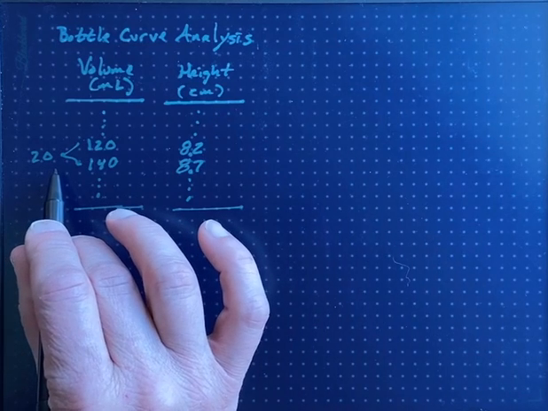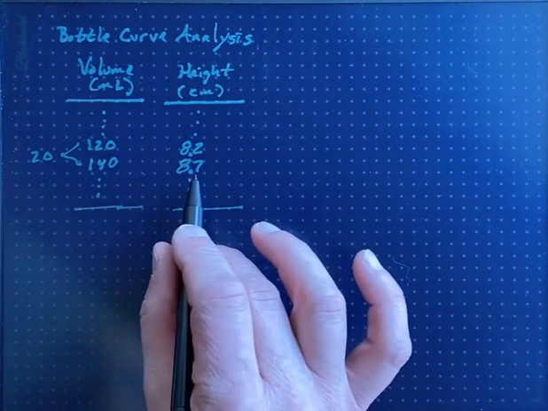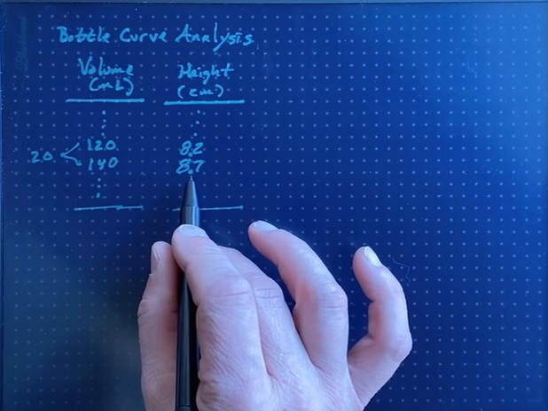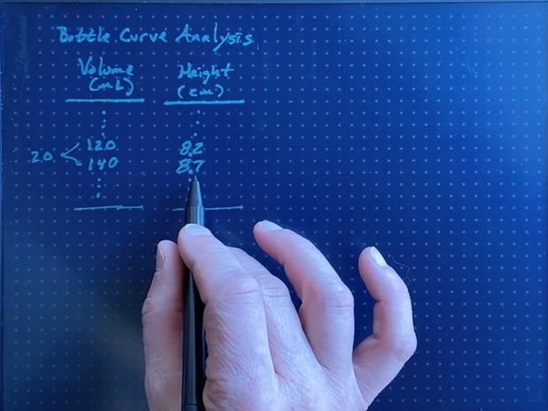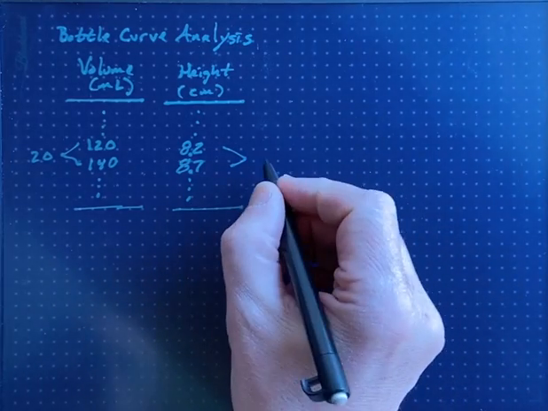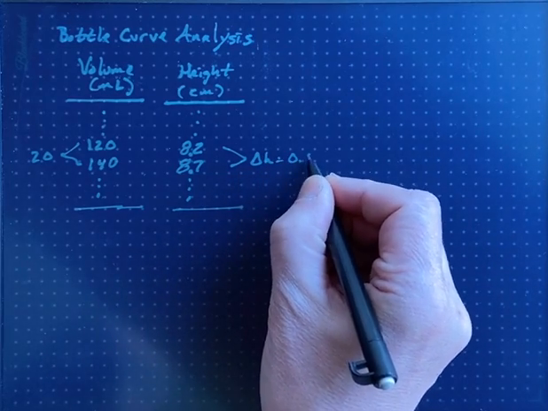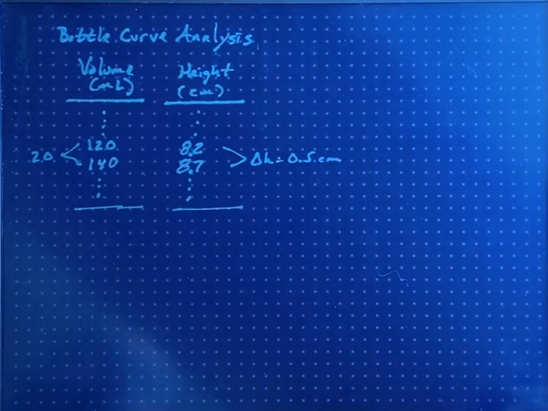And then after you add this 20 milliliters of water to get a total of 140, the water level rises to 87 millimeters or 8.7 centimeters. In other words, the water level rises by an amount equal to 0.5 centimeters. It turns out that there's information here that will let you figure out the diameter of the bottle.